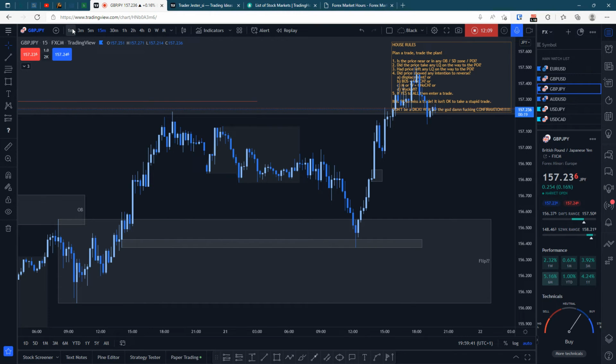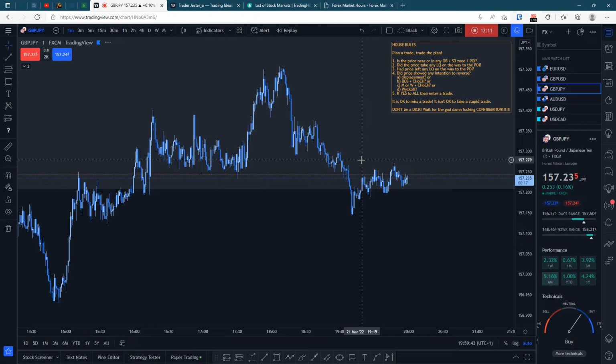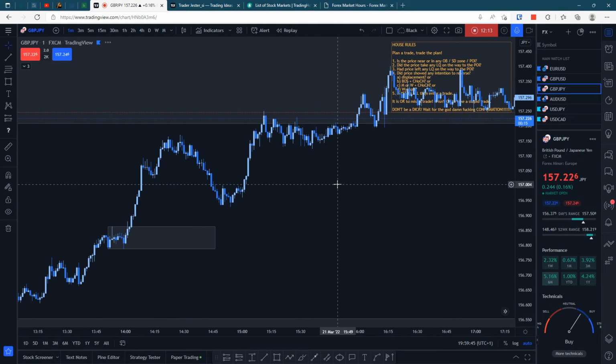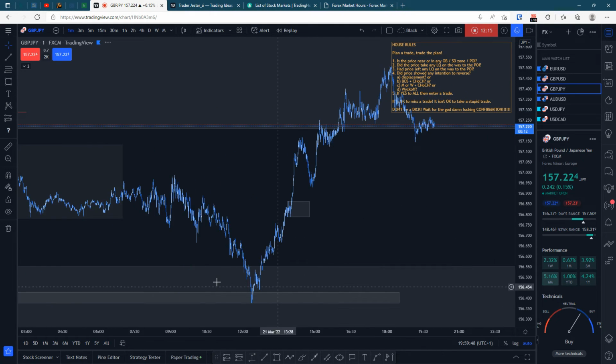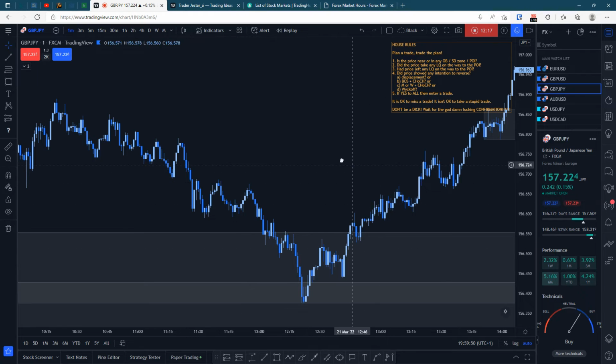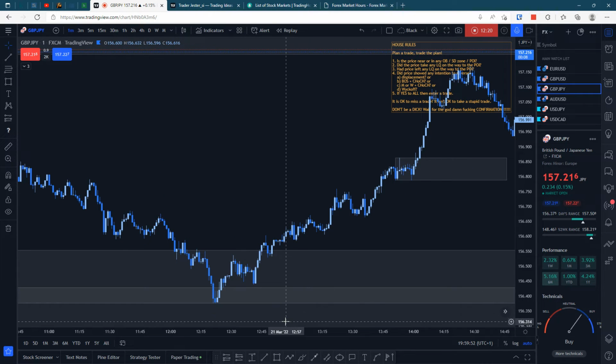In terms of lower time frame entries, where it was down here, not really much, because the change of character happened.